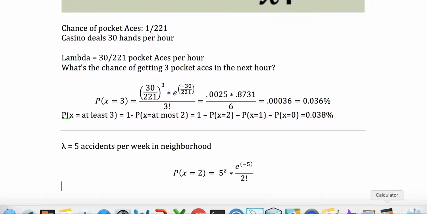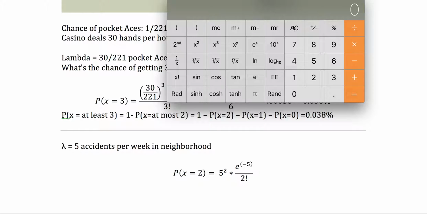Let's see if we can punch this into the calculator. So we get 5 squared is 25. Let's first get e to the minus 5 here.